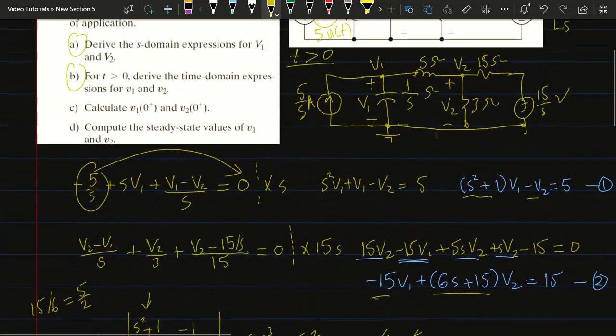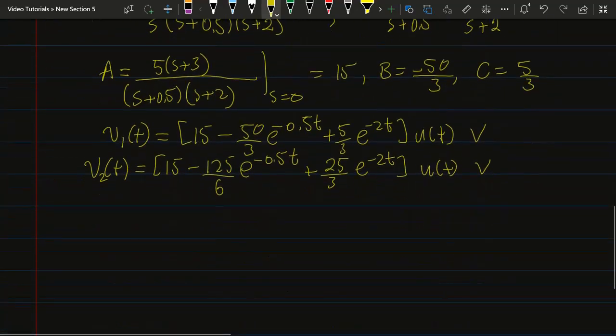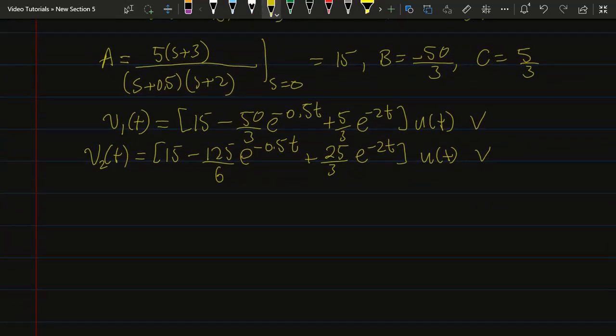Now for part C, it's asking about V1 of 0 plus and V2 of 0 plus. Now what you need to understand in here is that these two expressions are for t more than 0. So to find V1 of 0 plus and V2 of 0 plus, all you have to do is to substitute with t equal to 0 in this case.